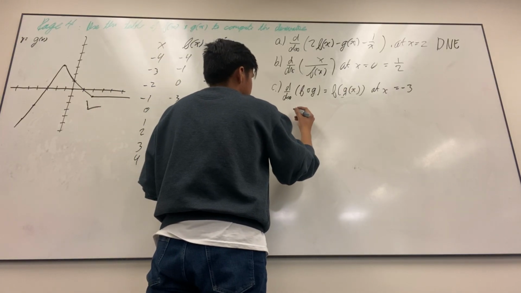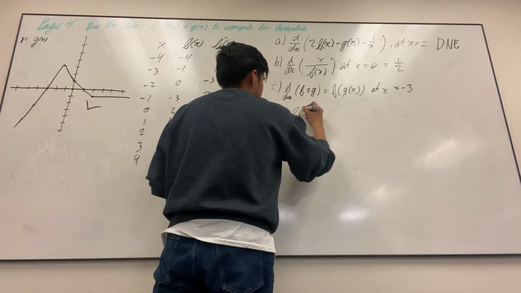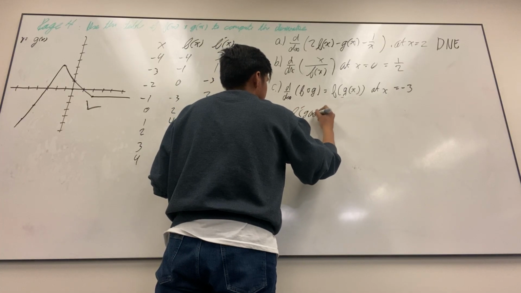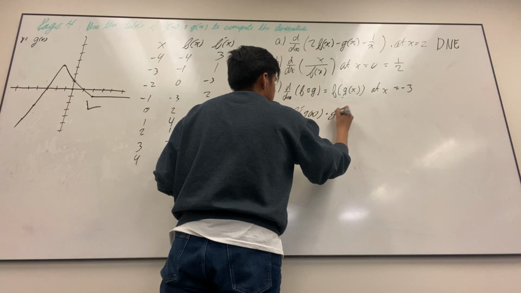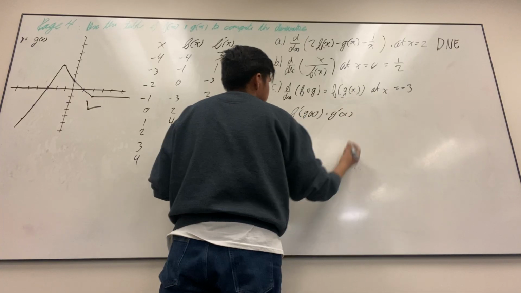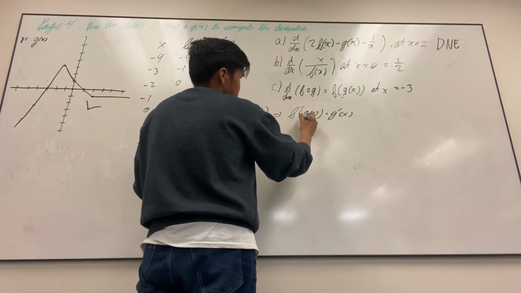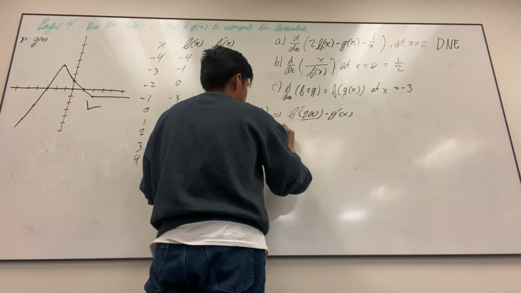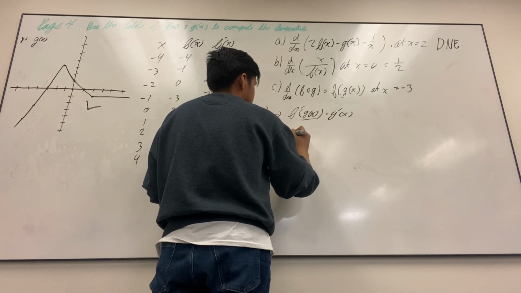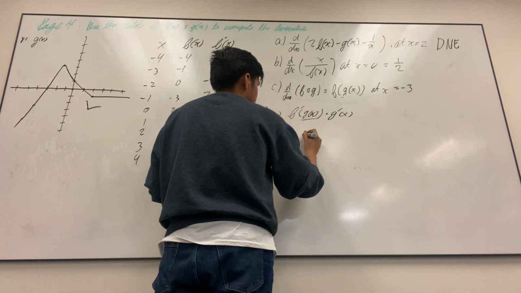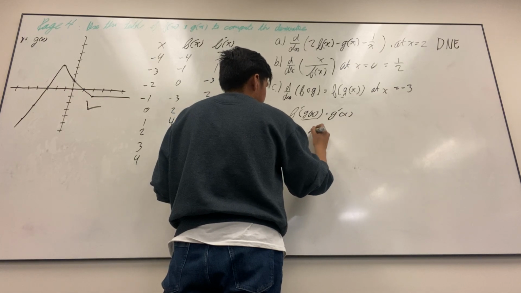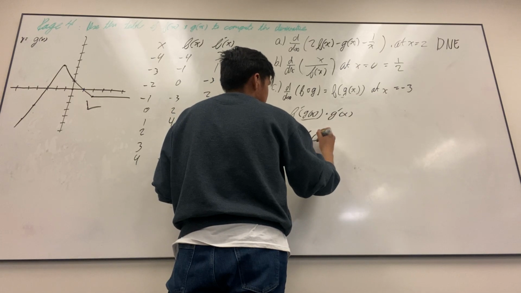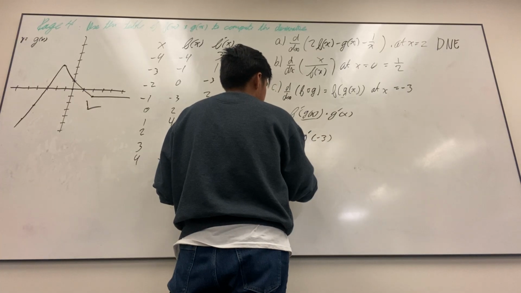So that would be f prime of g of x times g prime of x. So now we can plug in our values. So first we look into what's inside first. So we have f prime of g of -3 times g prime of -3.